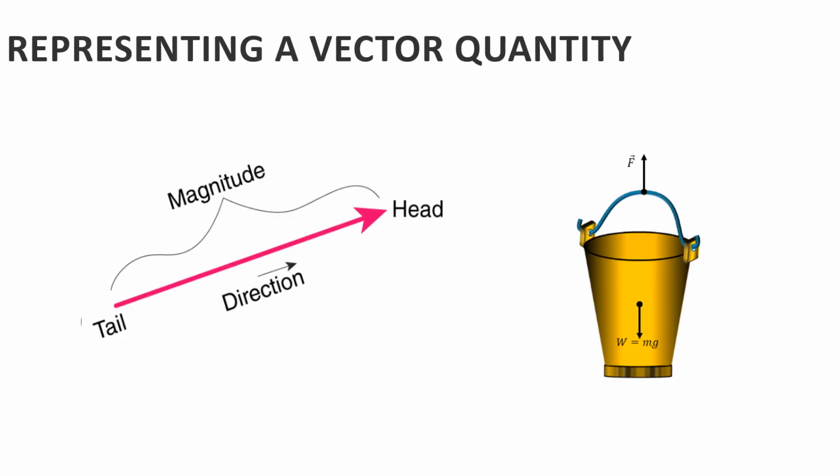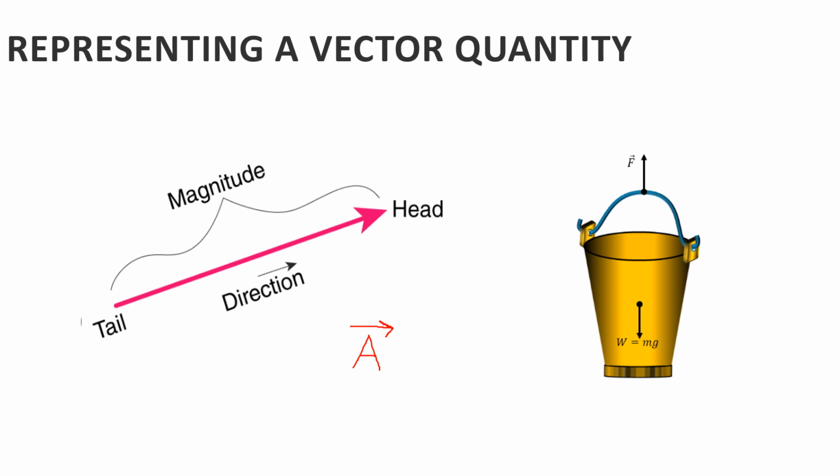Now, how to represent a vector quantity? A vector quantity is represented like this. I will draw it for you. If I have a vector, I will represent this vector A like this. This is the arrow representing the vector.